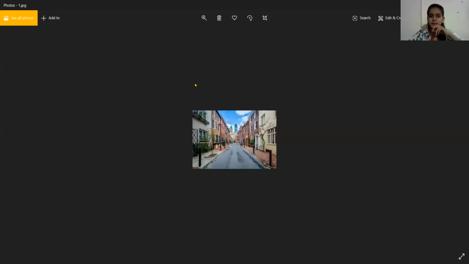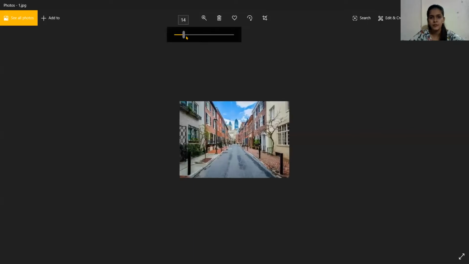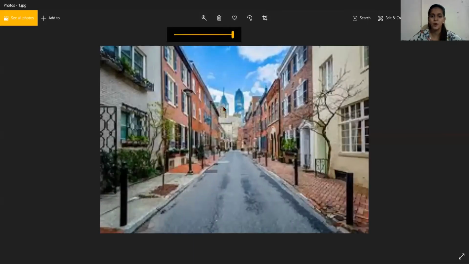Now, consider a street view like this. If we consider a street view like this, this is the example of 1-point perspective view. You can see there are lots of houses in a row.